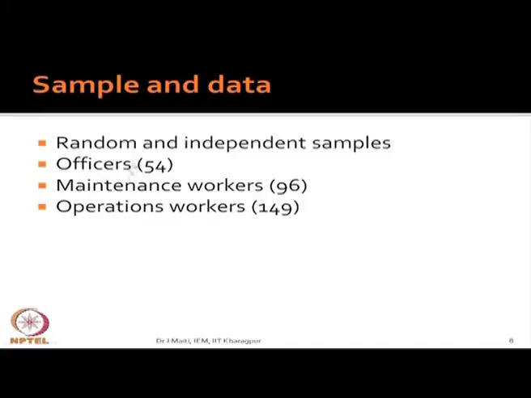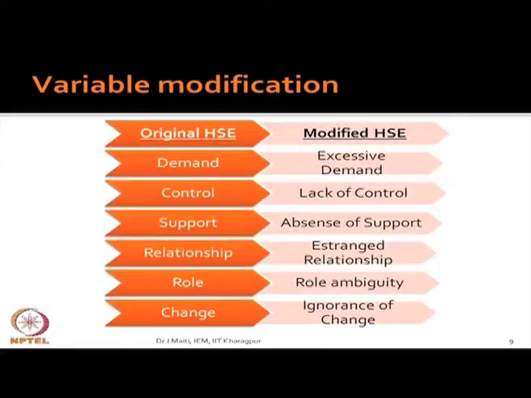So, this is what I call the sample size determination. When we administered the questions, 54 officers were selected randomly. It is not that we selected one after another, it is randomly selected. Similarly, 96 maintenance workers and 146 operations workers were selected randomly. Okay. So, this is my data.